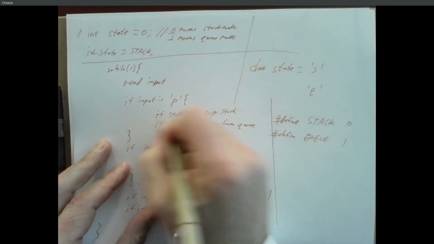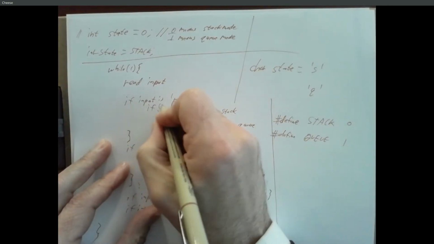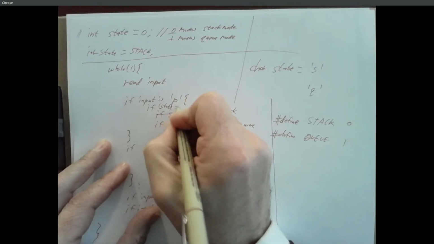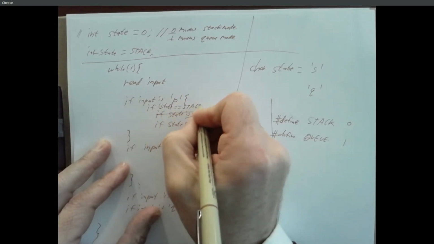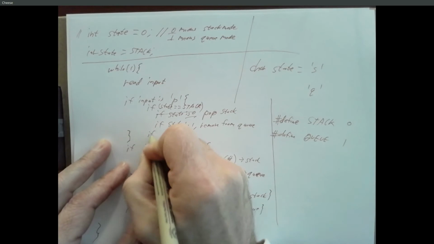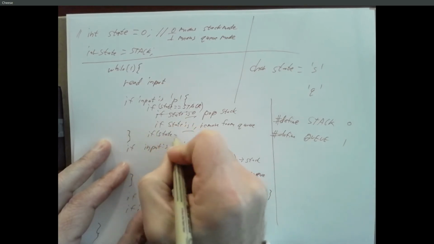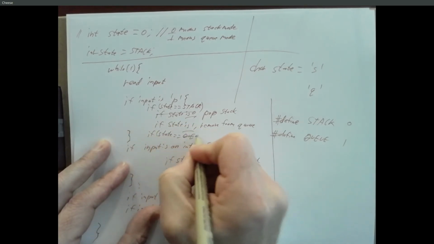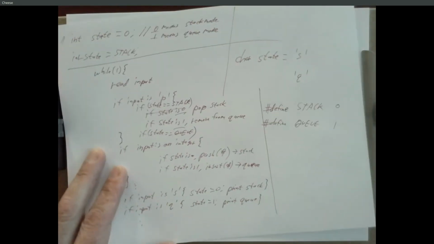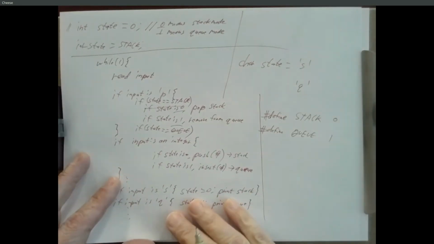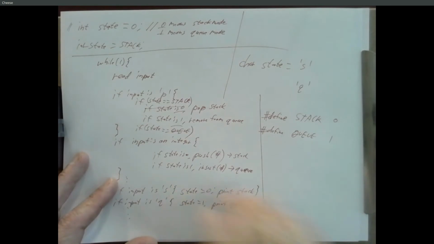And down here in this if statement, we could say if state equals stack, or if state equals Q. Right, and that's really hard to get confused on. That's clearly a Q, that's clearly a stack.